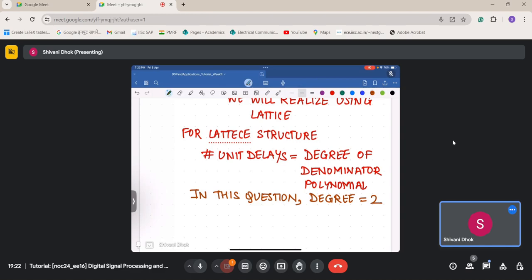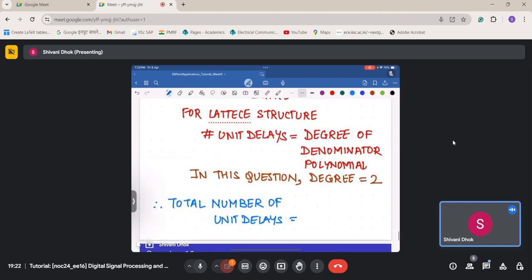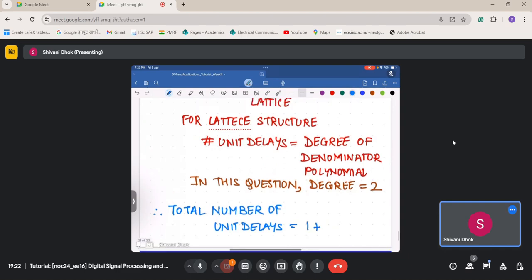Therefore, the total number of unit delays is equal to 1 for the FIR plus 2 for the lattice structure, that is 1 plus 2 equals 3.